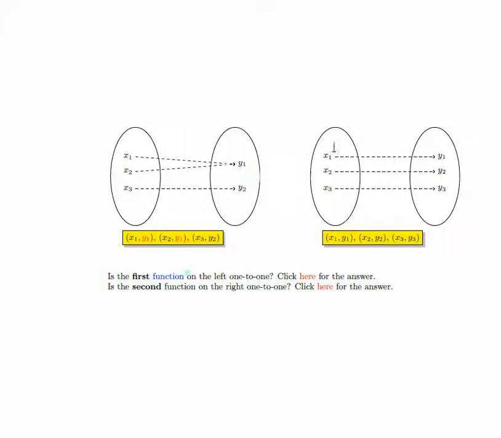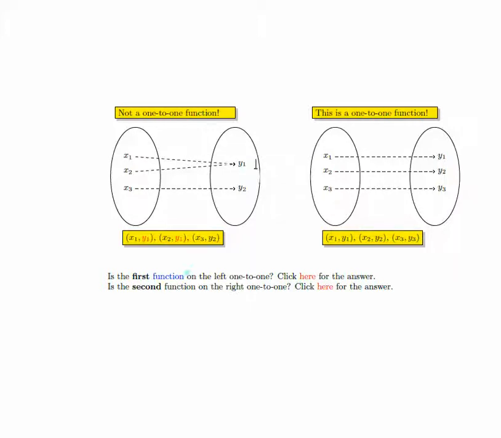And for this one, x1, x2, x3 are different, and they correspond to different elements in y. So this function will be one-to-one. If you click on that, it will tell you this is a one-to-one function. If you click on that, it will tell you the first one on the left is not one-to-one.